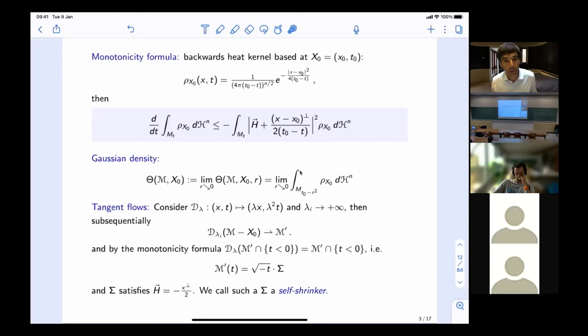I'll give a few examples in a moment. This is like saying for a minimal surface, you do a blow up and you get a minimal cone. Or the same thing if you have an Einstein manifold, you do a blow up at a point, you get a Ricci flat tangent cone. It's the same thing.